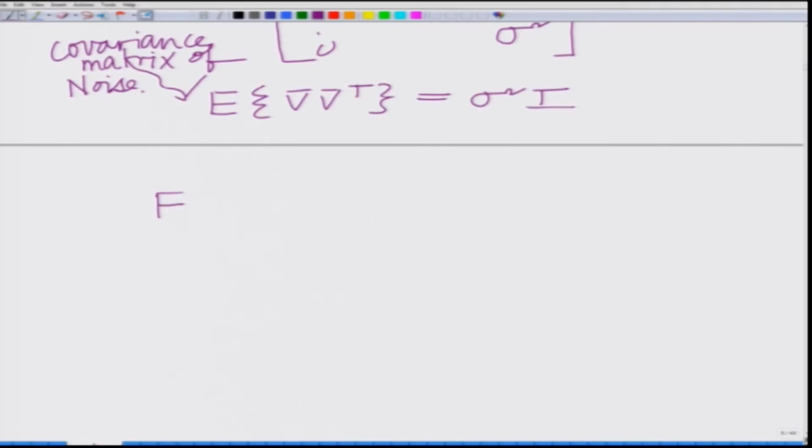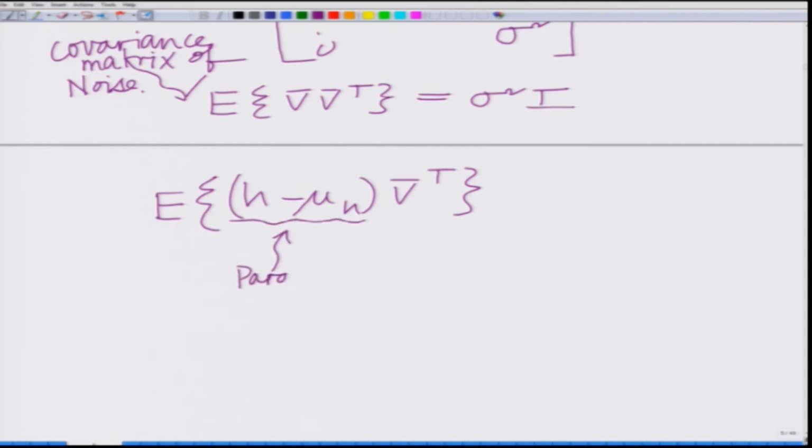So, we have the parameter h. So, we have the expected value of h minus mu h, this is the parameter, minus of course, you are subtracting the mean, times V bar transpose, this is your noise vector.